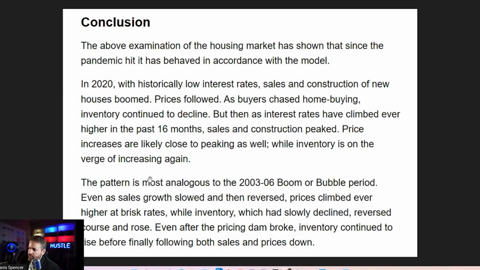The pattern is almost the same as the 2003 to 2006 boom or bubble period. Even as sales growth slowed and then reversed, prices climbed ever higher at brisk rates, while inventory, which had slowly declined, reversed course and rose. Even after the pricing dam broke, inventory continued to rise before finally following both sales and prices down.